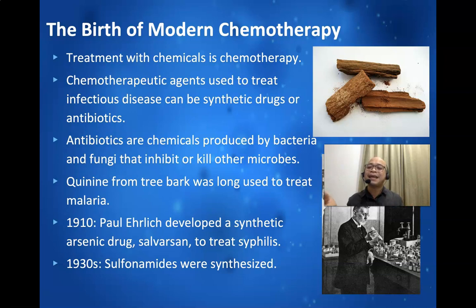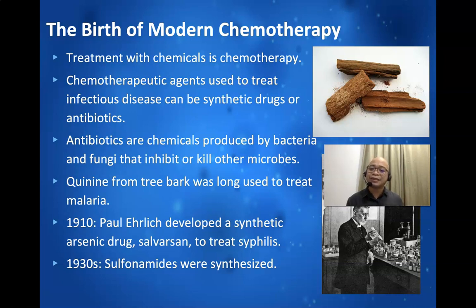The term antibiotics literally means against life. The first chemotherapeutic agents were actually discovered by Native Americans. They called it the quinine tree, from the cinchona tree. This quinine from the cinchona tree bark was long used to treat malaria.